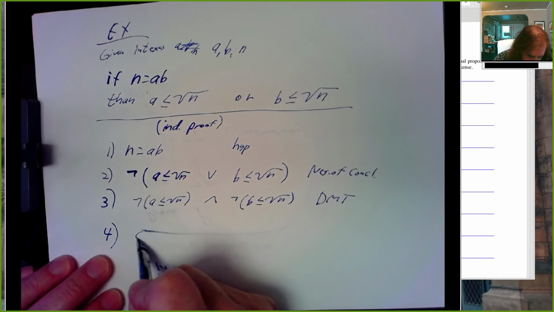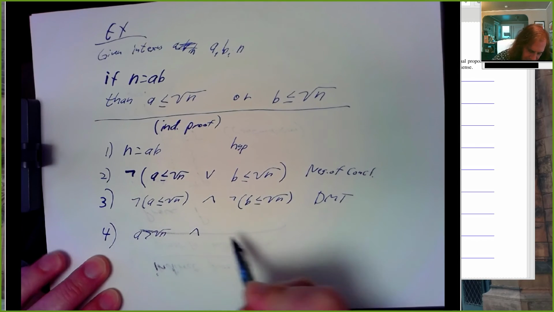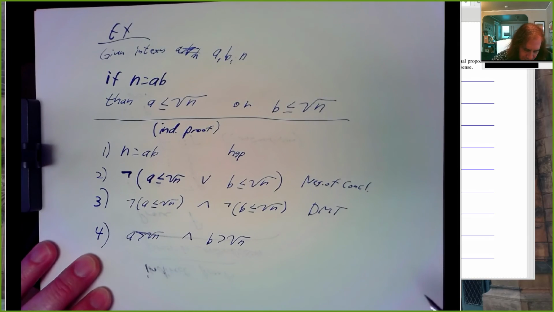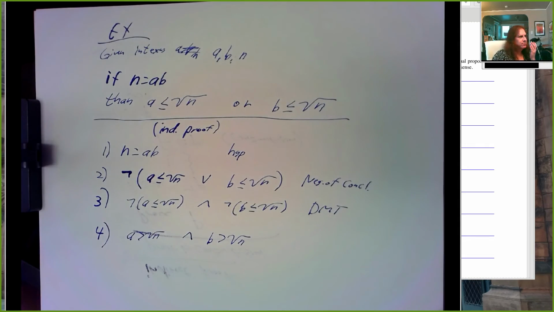The negation is a is bigger than square root of n. And the negation of this is b is bigger than the square root of n. Now what's our reason for that?